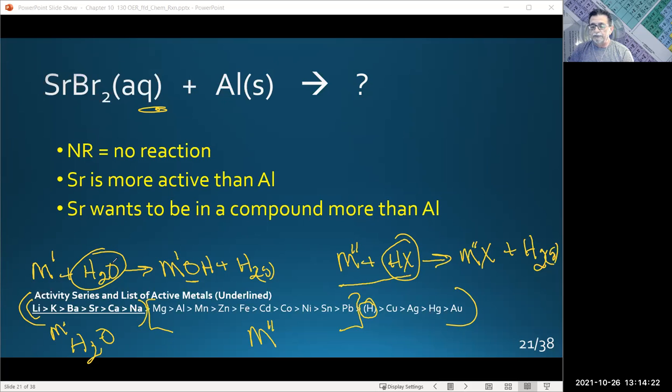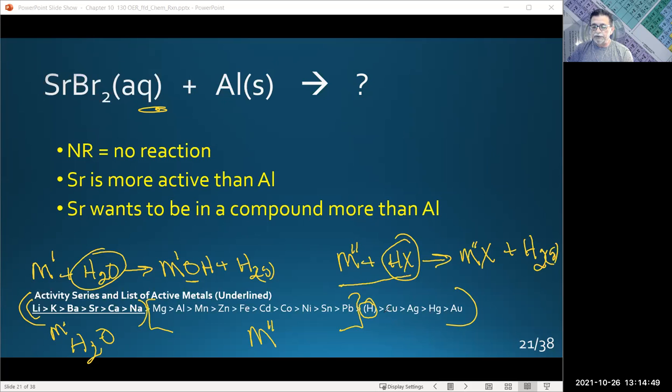And so the ionic form of hydrogen could be either in the form of water or proton, okay? And so in this case, you can see here that any of these metals will react with either water or an acid to generate the hydrogen gas.